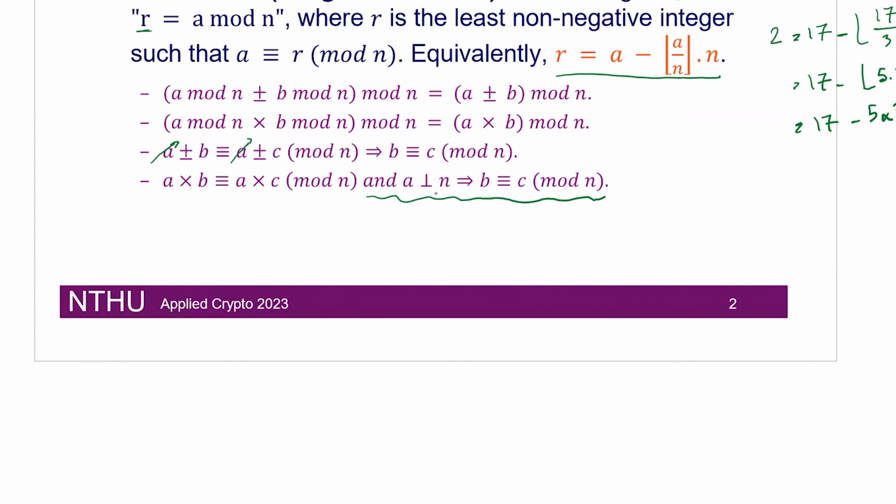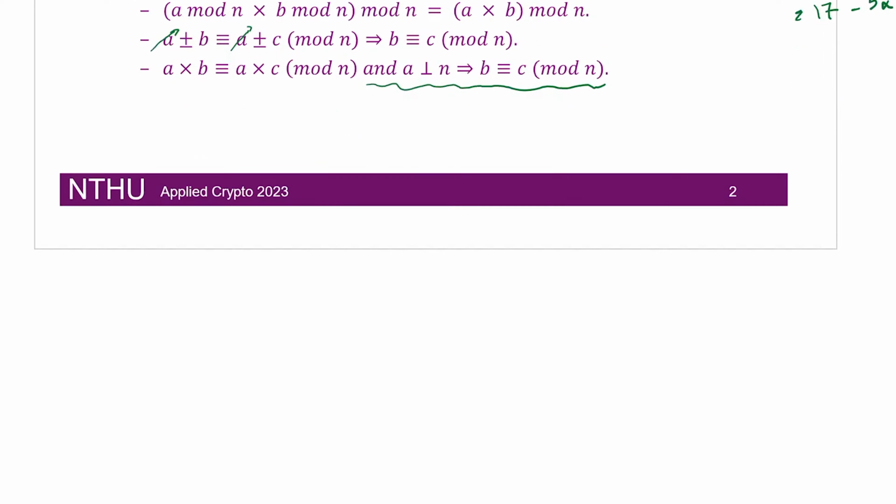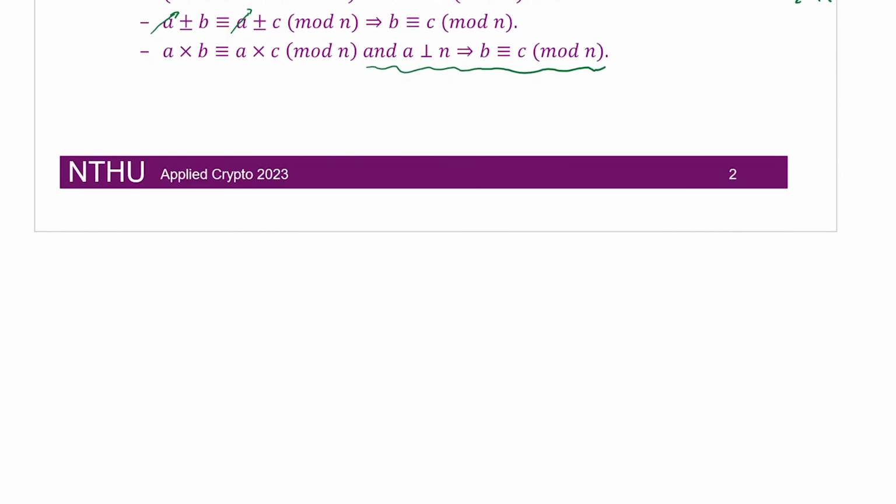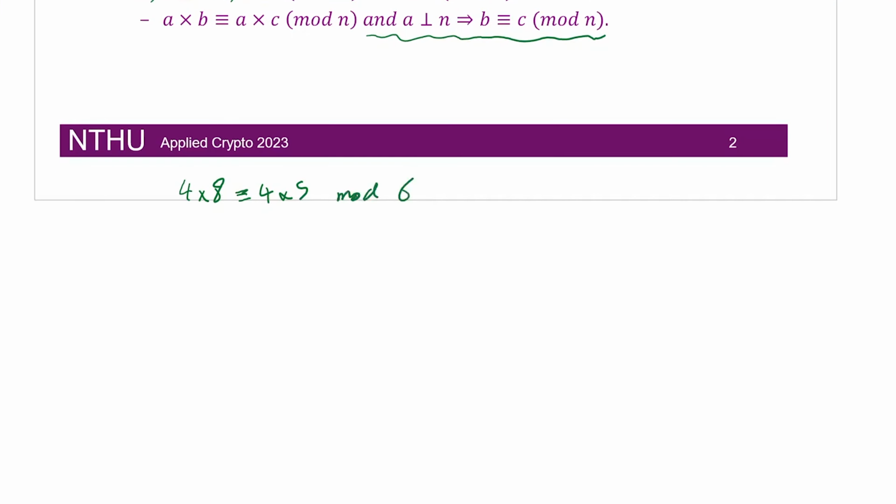You will see that if this is the condition, then there is a multiplicative inverse of A mod n, which means that there is another element C that when you multiply by A mod n, the result becomes 1. And only under that condition can you cancel A from both sides. To make it clear, let me give you an example. Let's say I do 4 times 8. I would say this is congruent to 4 times 5 mod 6, right?